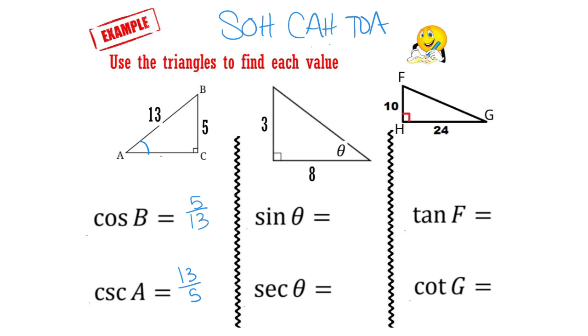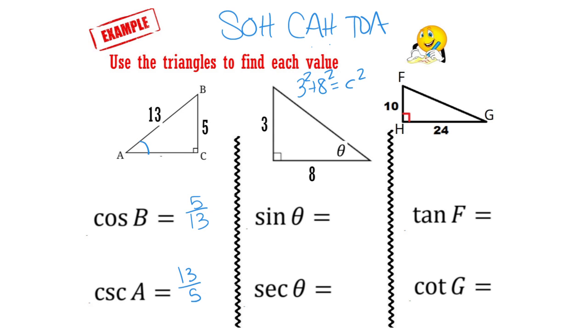Now let's look at this next triangle. I think I'm going to end up using the Pythagorean theorem because I do not know the hypotenuse, and I know that sine requires the hypotenuse. So here we go: 3 squared plus 8 squared equals c squared. That's 9 plus 64, which is 73.